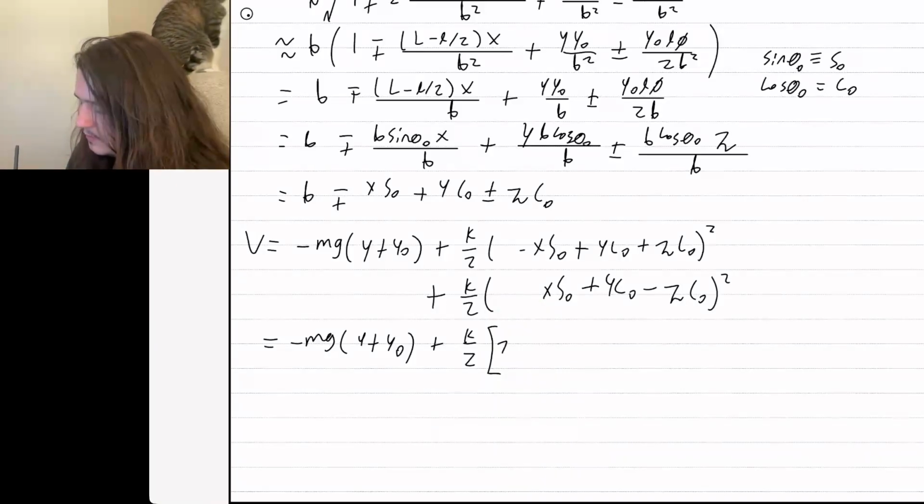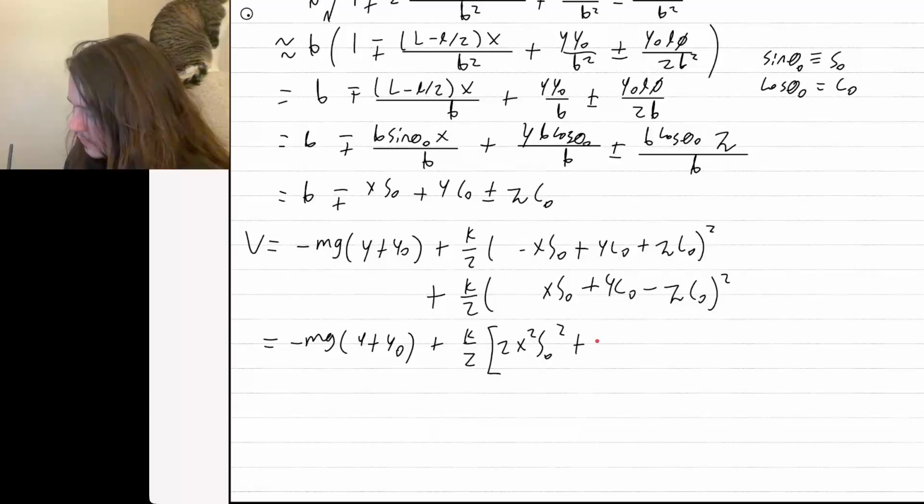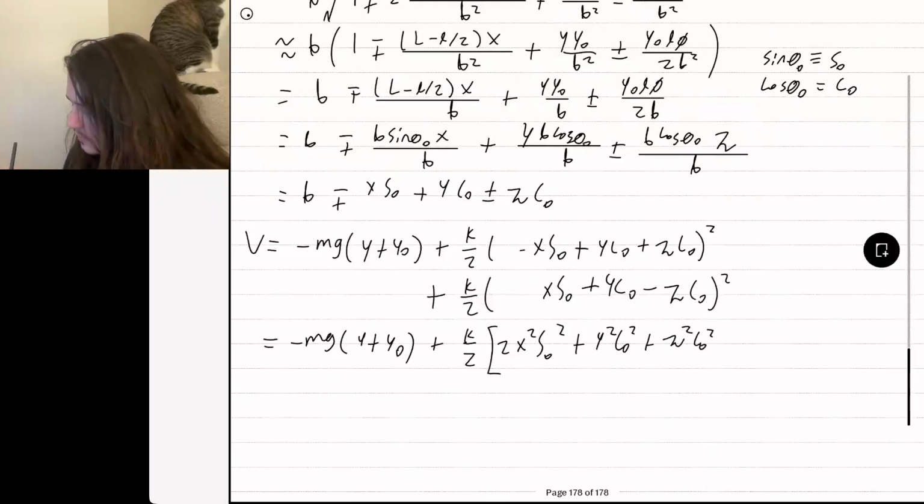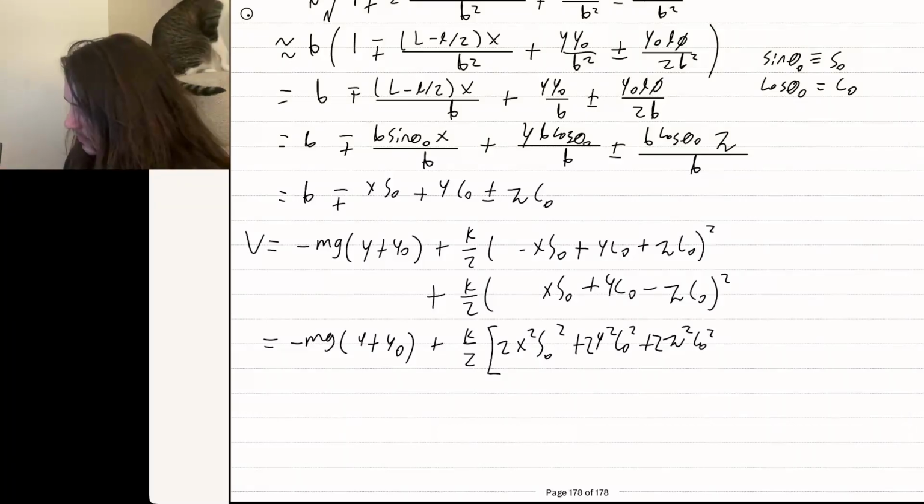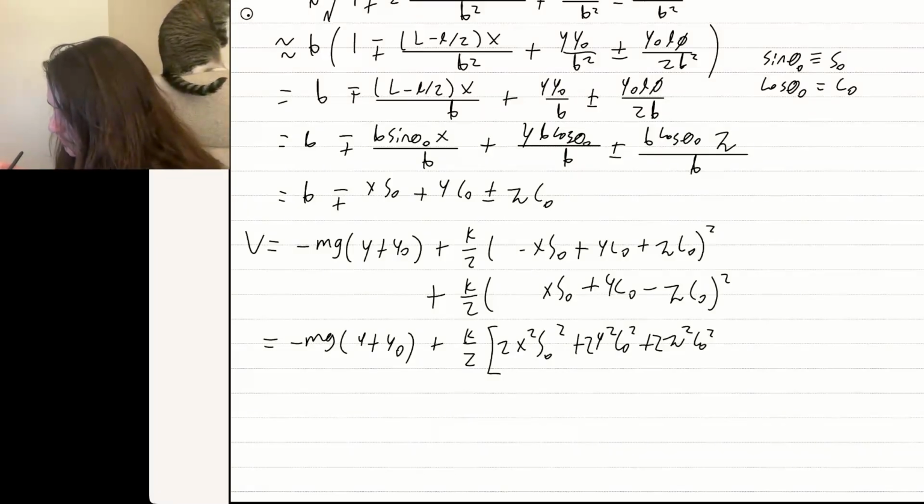Actually it's two factors of x squared s naught squared, two factors of y squared c naught squared, and two factors of z squared c naught squared. Two factors of each. And then we've got that this cross term here will cancel out this cross term.